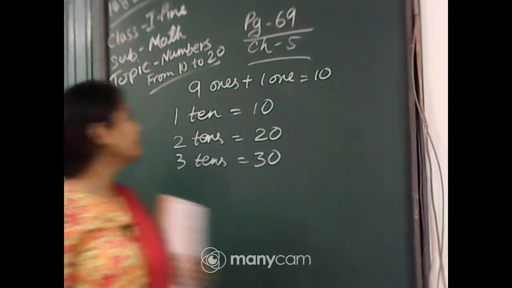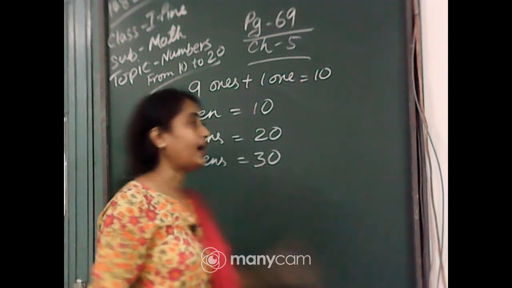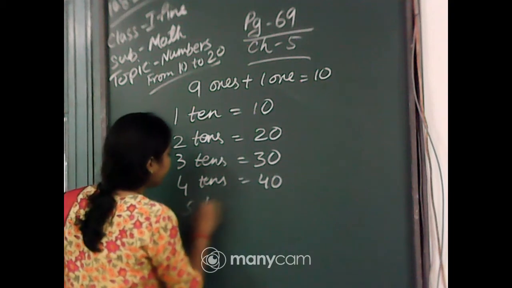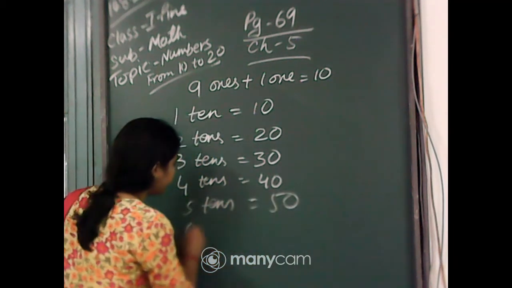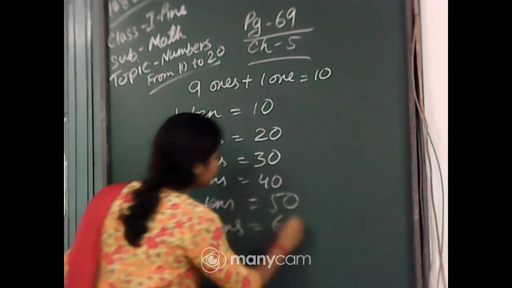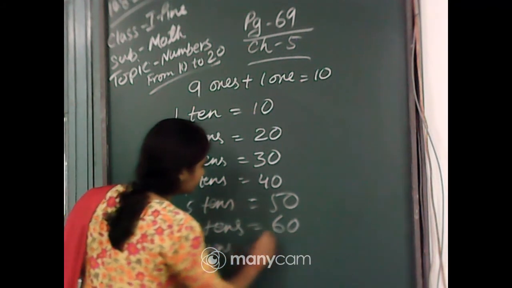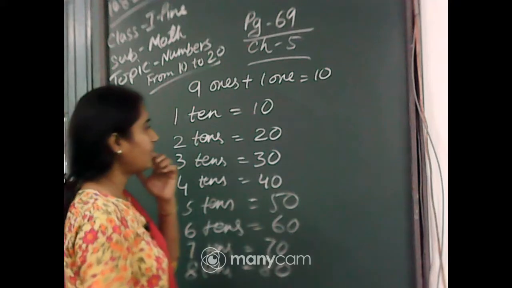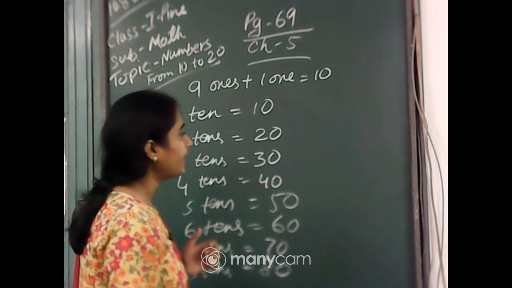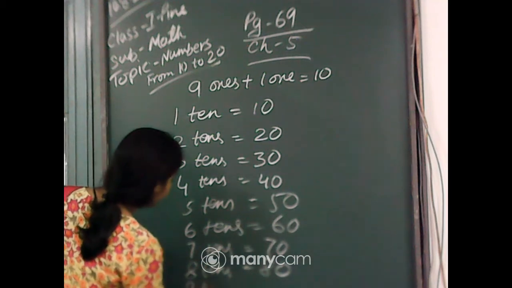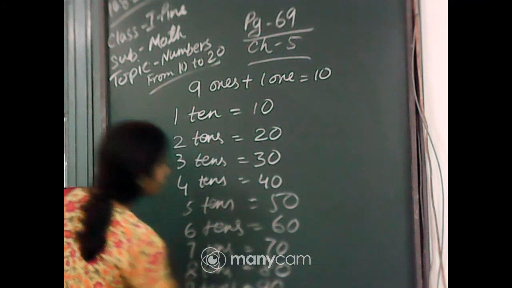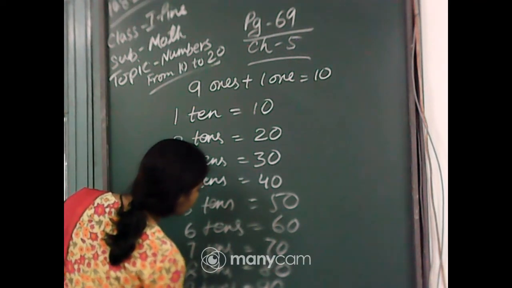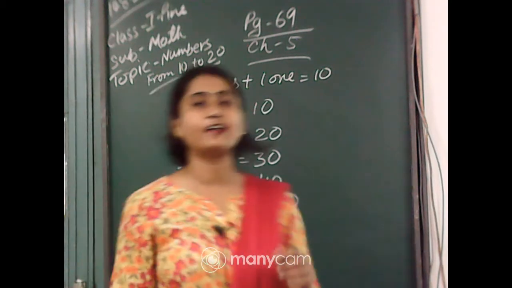Now 3 tens means 30 and 4 tens means 40. 5 tens equal to 50. 6 tens equal to 60. 7 tens equal to 70 and 8 tens equal to 80. 9 tens equal to 90 and 10 tens equal to 100.